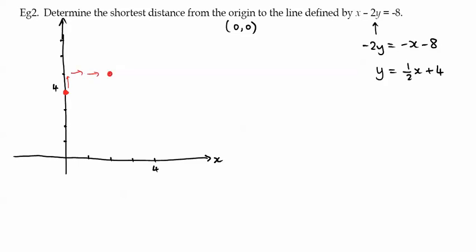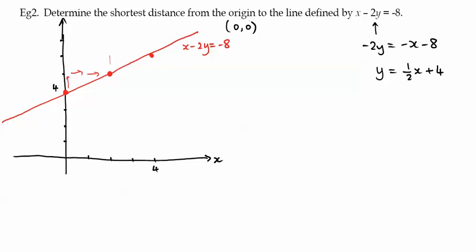Here is another point. Doing the same thing again, rise by 1, run by 2. I'm seeing another point here. This line is represented by the equation x minus 2y equals -8.